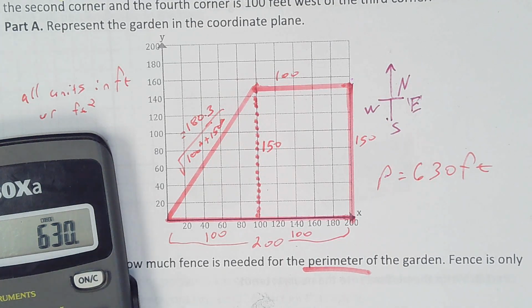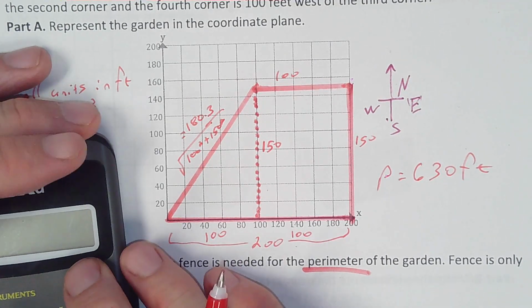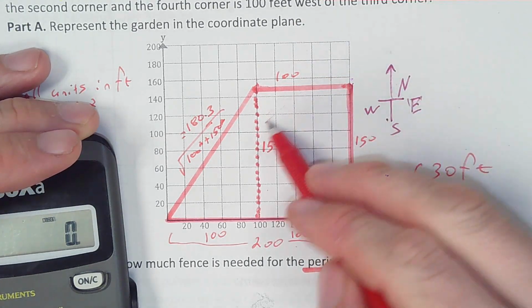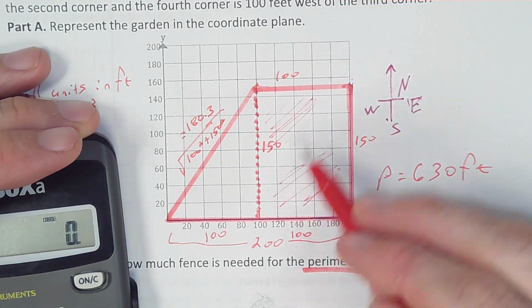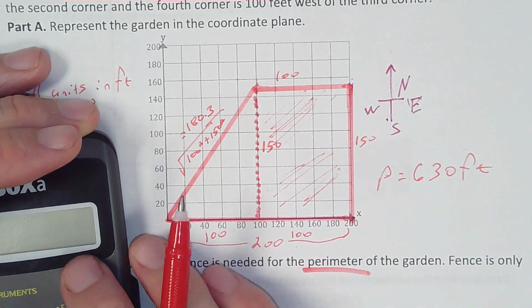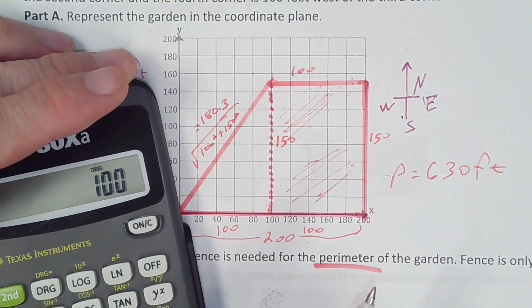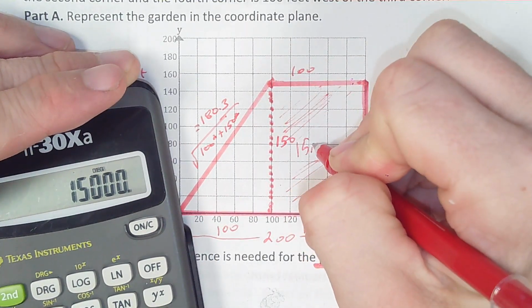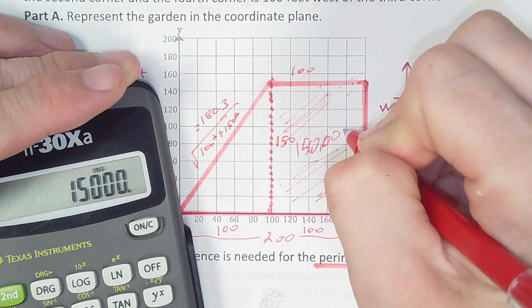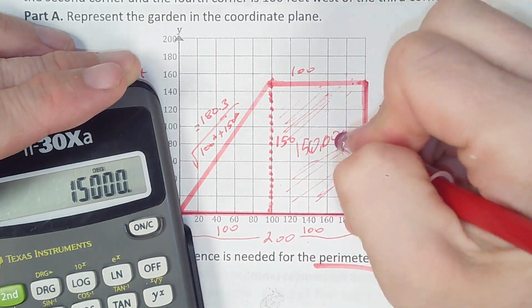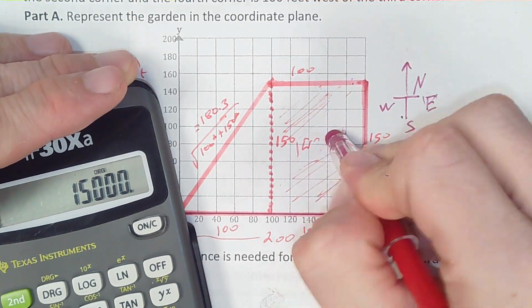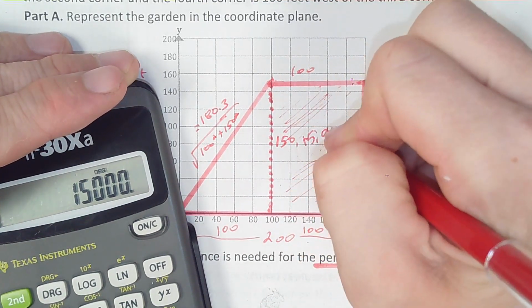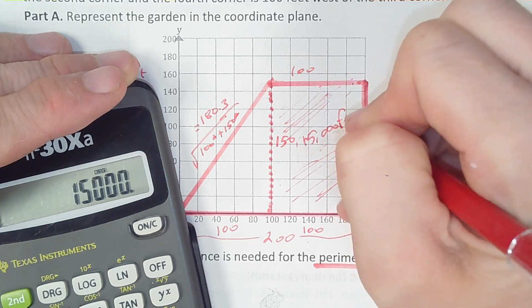Excuse me. Then the area. This area here is going to be 100 times 150, which is 15,000. 15,000 feet squared.